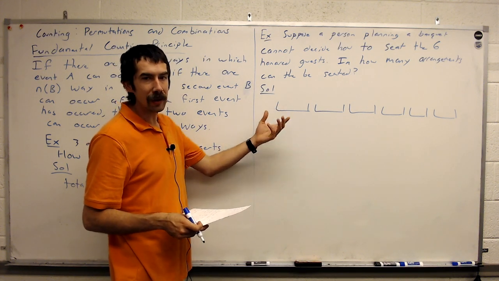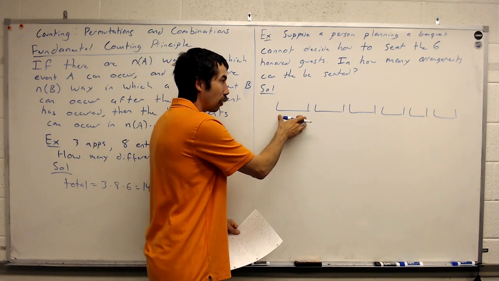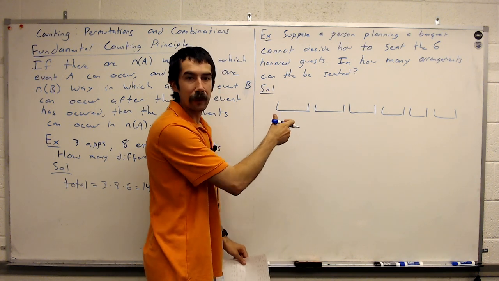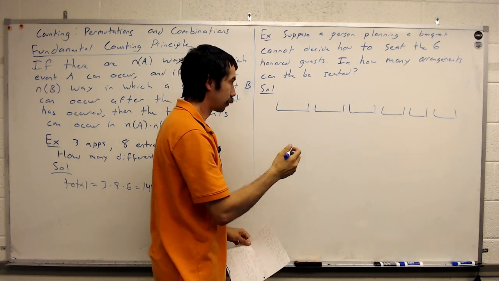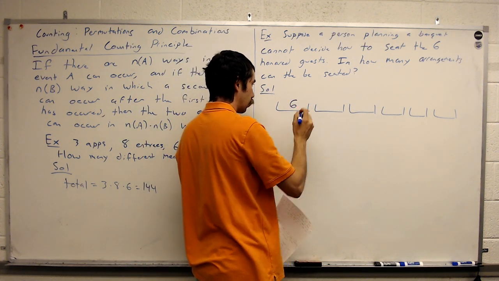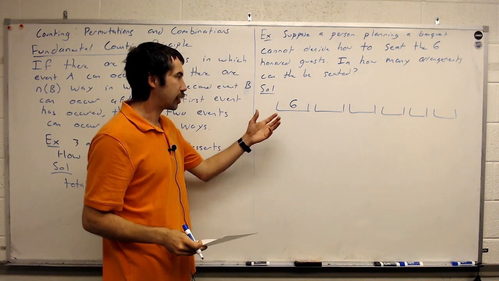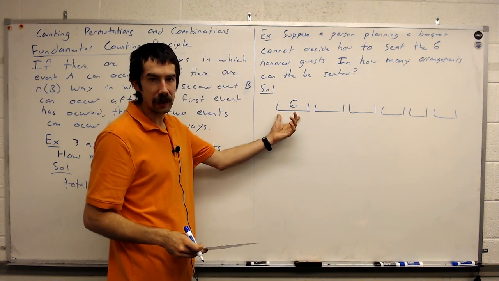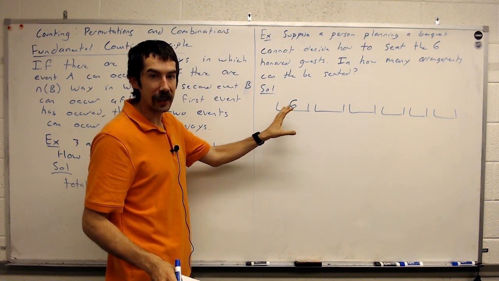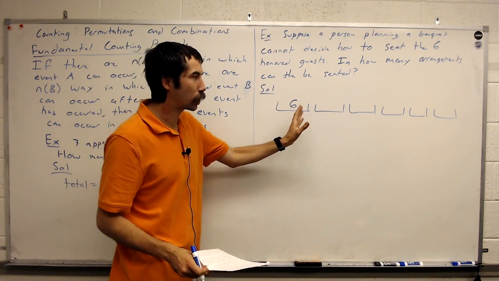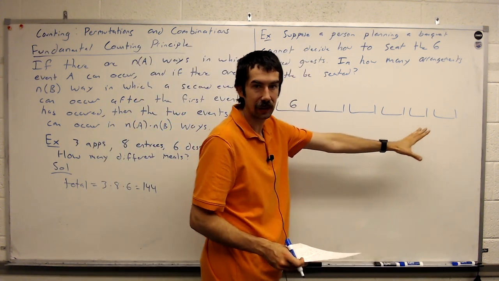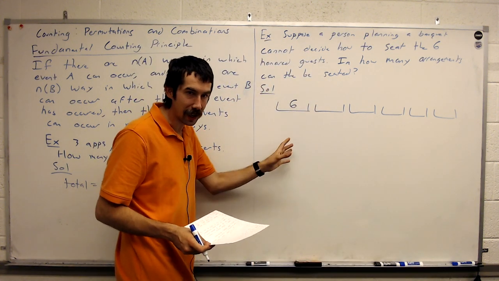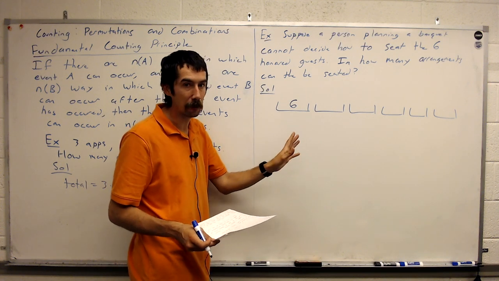Okay, and so how we could do this is we could say, all right, who sits in the first seat? There's 6 options. Once that person is decided, they're no longer eligible to sit in any of the other seats. Right? Once you get a seat, you don't get a second seat. You only need 1 seat.